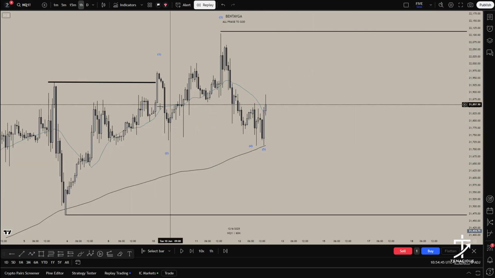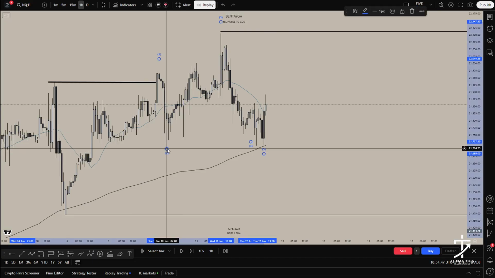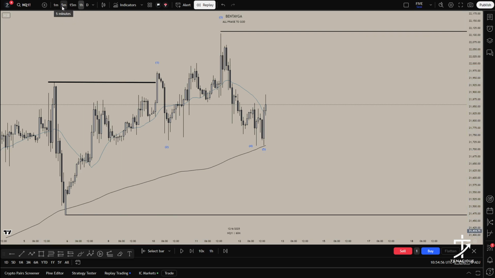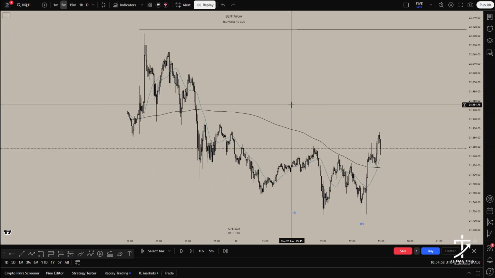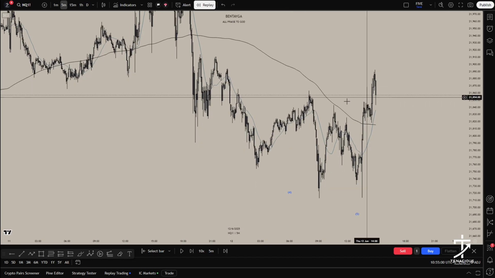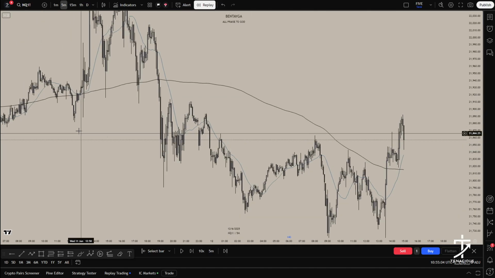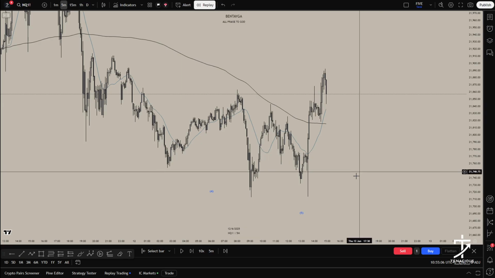So now that I understand that my higher time frame is bullish, however, I understand that my low time frame could be bearish internally. Remember that? So if you go down to my 5 minute, can you see how it was making lower lows and lower highs? Took out this low, took out this low, took out this low.